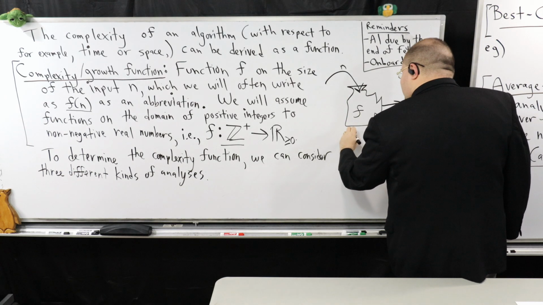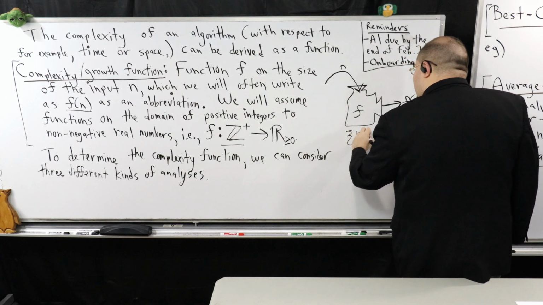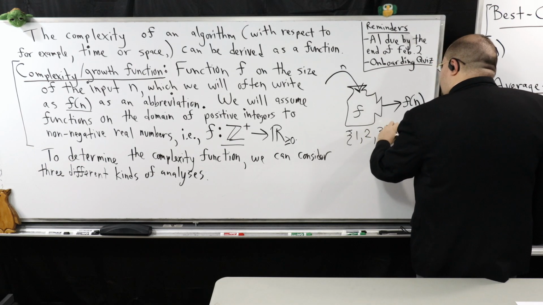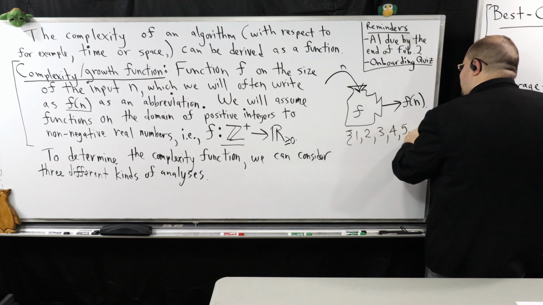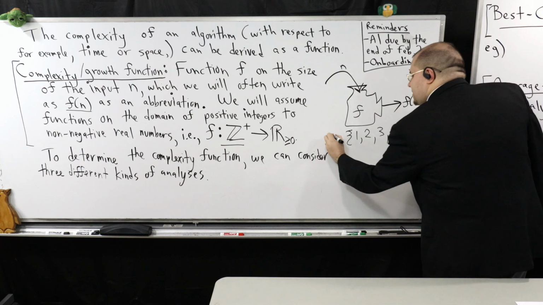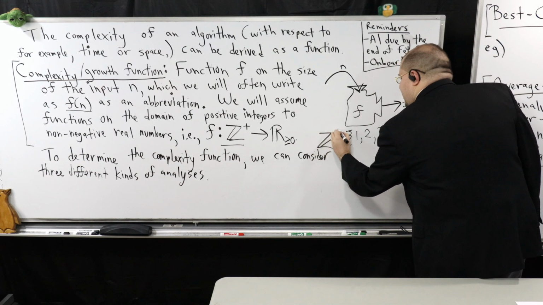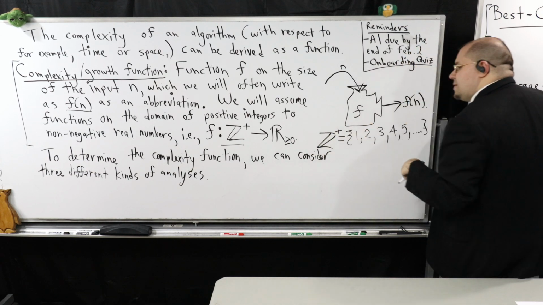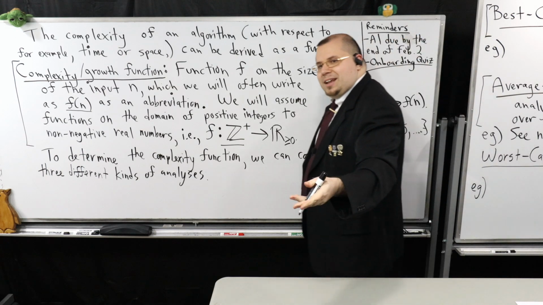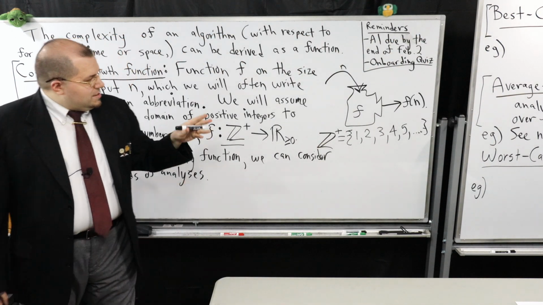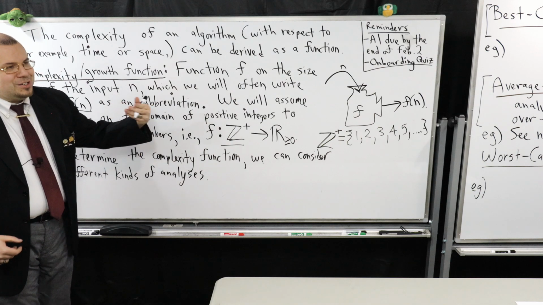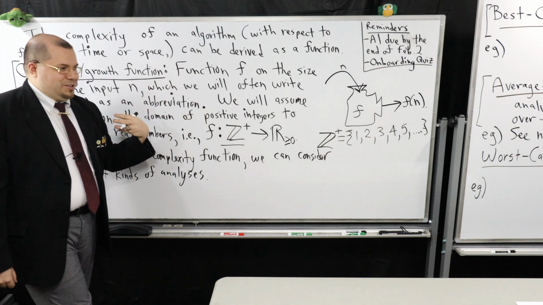Now, if you don't know what a positive integer is, that's simply the set of numbers that start at 1: 1, 2, 3, 4, 5, 6, and so on. In contrast, the set of integers itself is simply 0, 1, 2, all the way up, and also the negative integers.